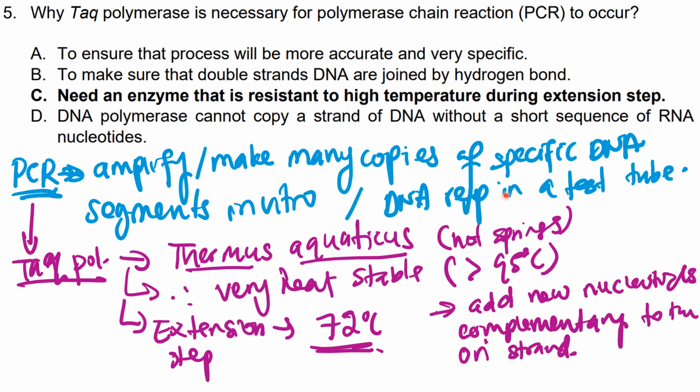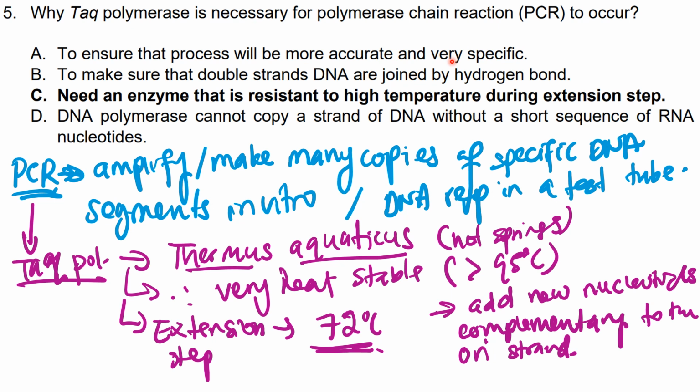Basically, the DNA samples that you isolate or extract from a sample of cells, the amount is really small. You have a small quantity of the DNA sample, so that's why you need to amplify or make many copies of the specific DNA segment, so that you can make further study on the DNA segments or the gene that you are studying.